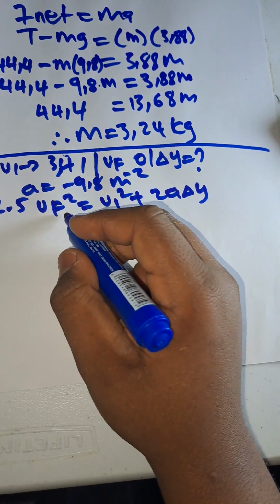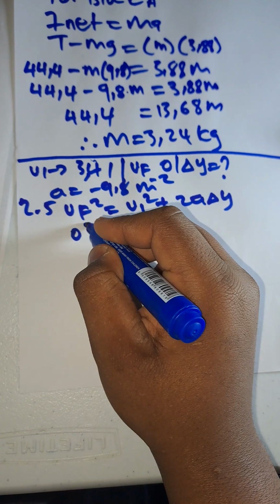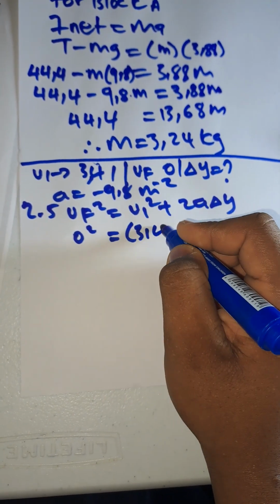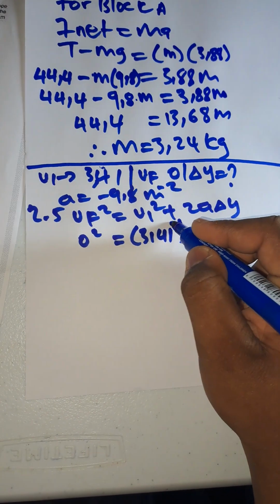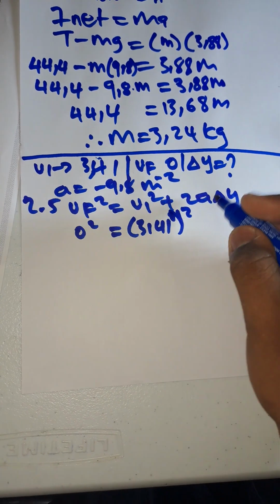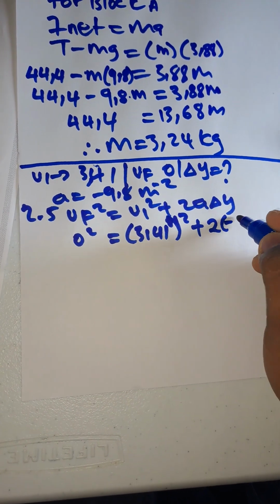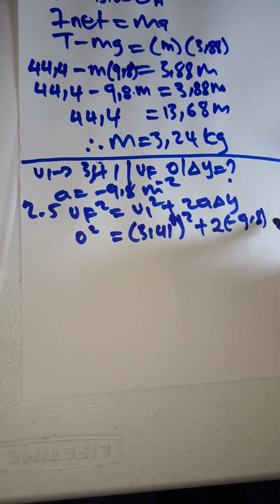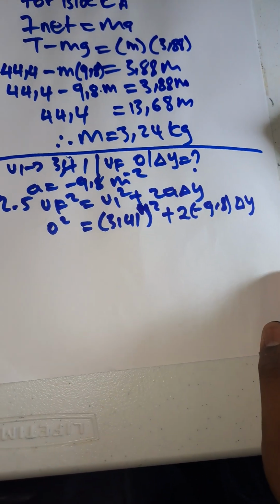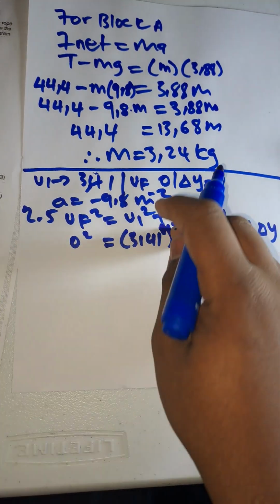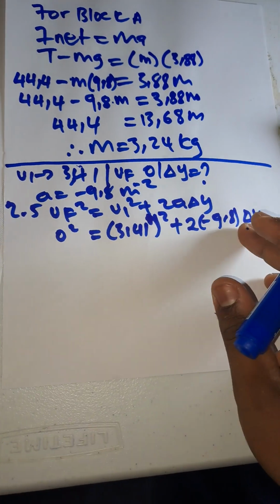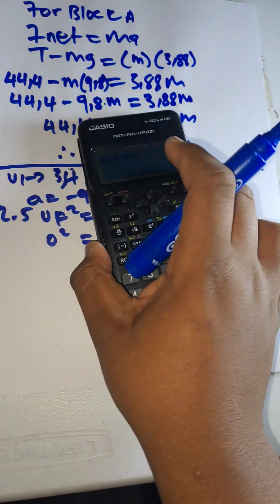Where there's VF, I put 0 squared is equal to 3.41 squared plus 2 times negative 9.8. Remember, A is always negative 9.8. Let me take this one to the other side because it is going to be a negative.